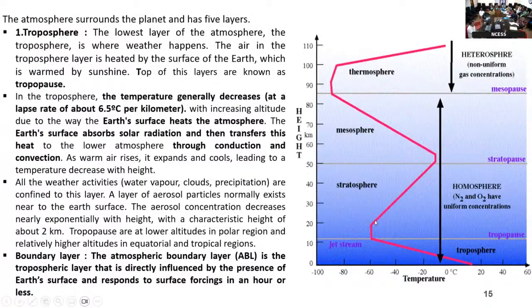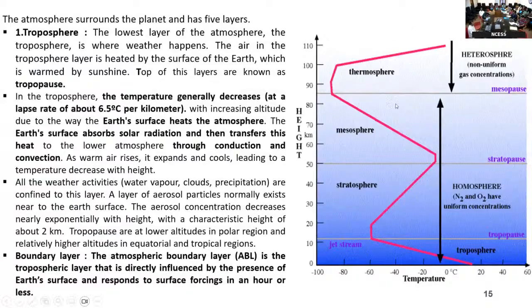You can see temperature is increasing due to ozone, because ozone production is there and it absorbs radiation. Temperature is nothing but the average kinetic energy of molecules, isn't it? So they are excited and have more kinetic energy.